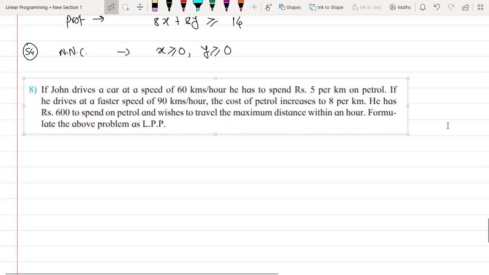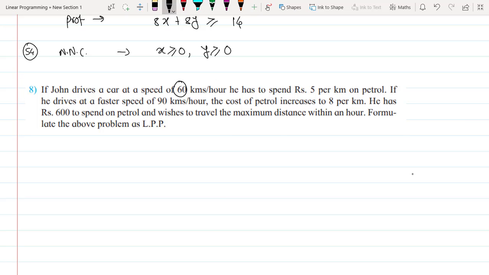So what it is saying, if John drives a car at a speed of 60 kilometers per hour, he has to spend 5 rupees per kilometer on petrol. If he drives at a faster speed of 90 kilometers per hour, the cost of petrol increases to 8 per kilometer.